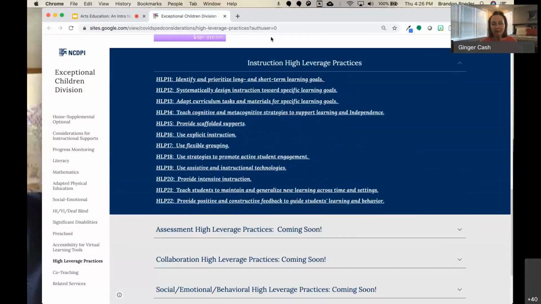And so I'm going to stop for just a moment, and I just want you to read through those. And if you don't mind, drop it in the chat box. Does any of these sound familiar to you, or are you already using some of these in your classroom?